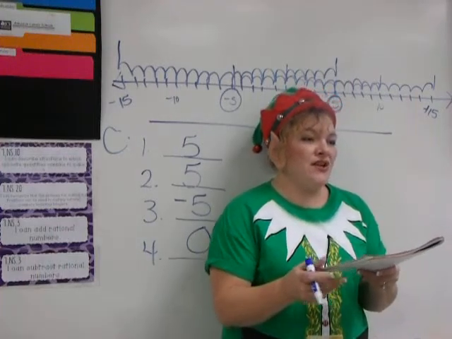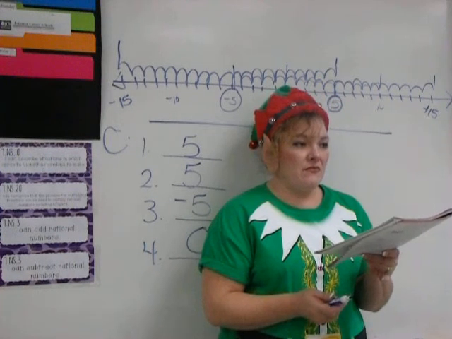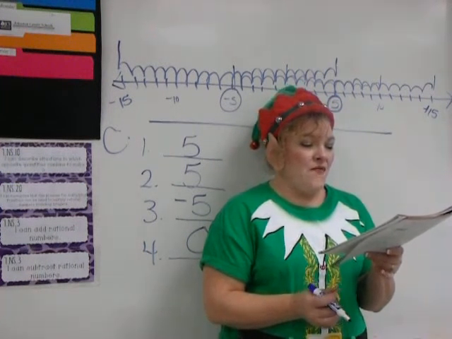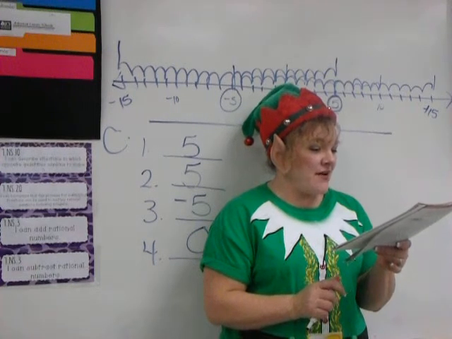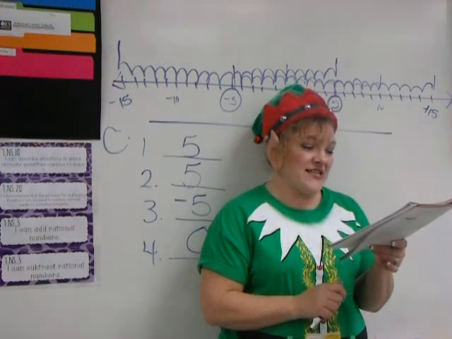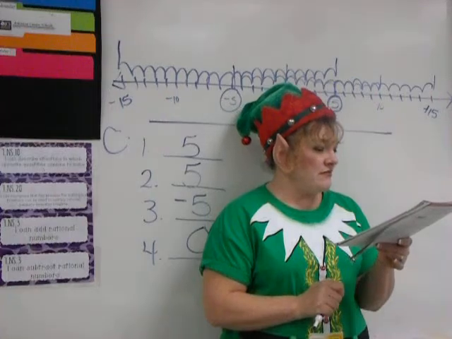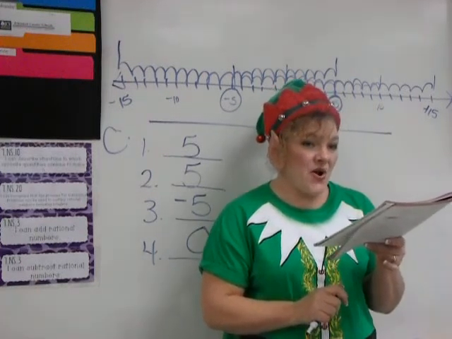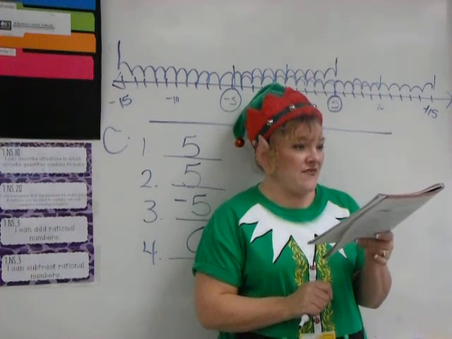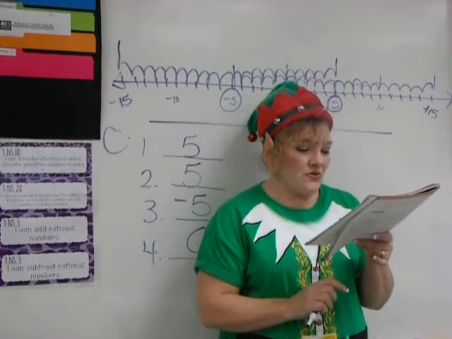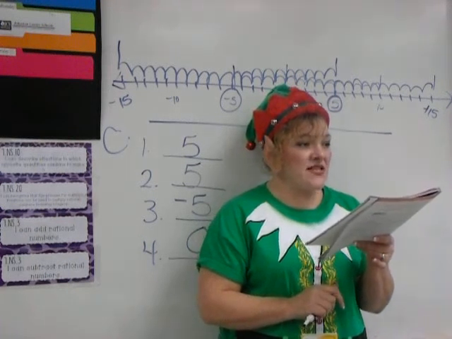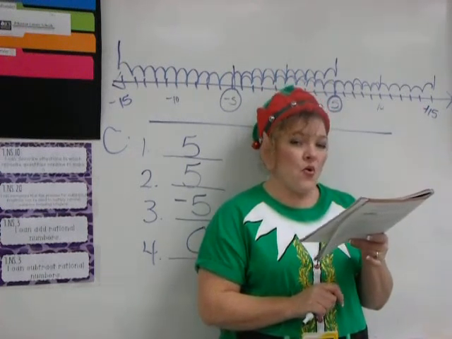Integers are also used in chemistry. For example, a hydrogen atom has 1 proton, which has a charge of positive 1, and 1 electron, which has a charge of negative 1. The total charge of a hydrogen atom is positive 1 plus negative 1, or 0.